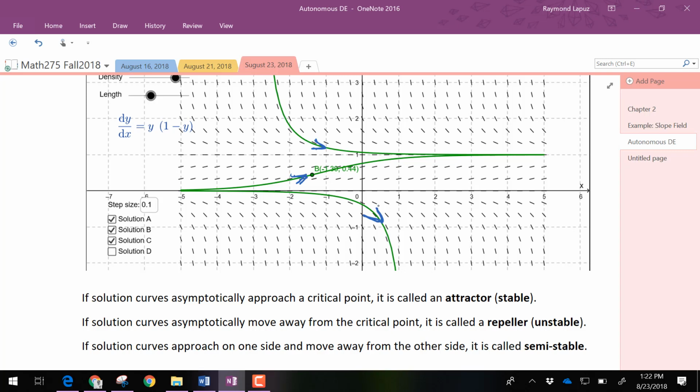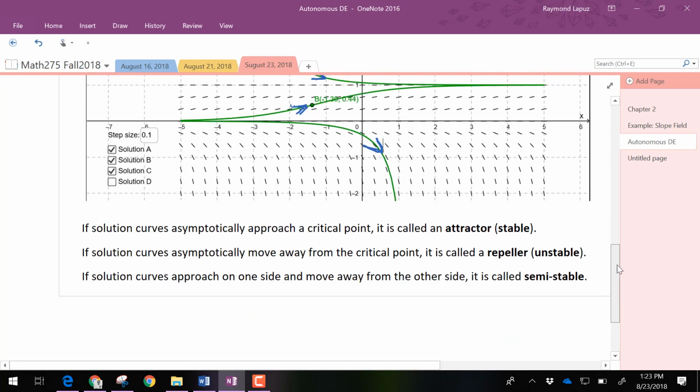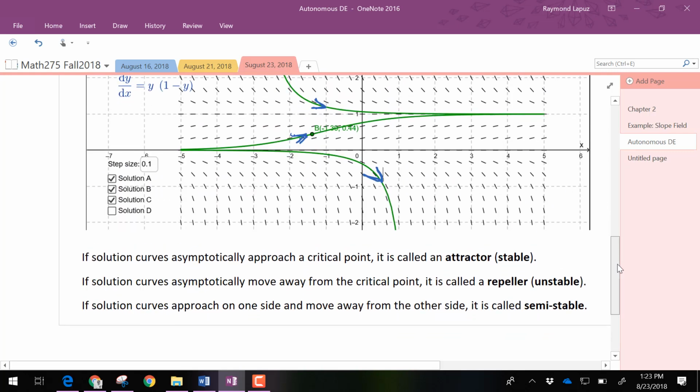And then we should be able to tell whether they're attractors or repellers, whether they're stable equilibrium or unstable equilibrium. This isn't an example, but if we had another equilibrium where one of them goes away and the other one goes towards it, then it would be a semi-stable equilibrium. Okay?